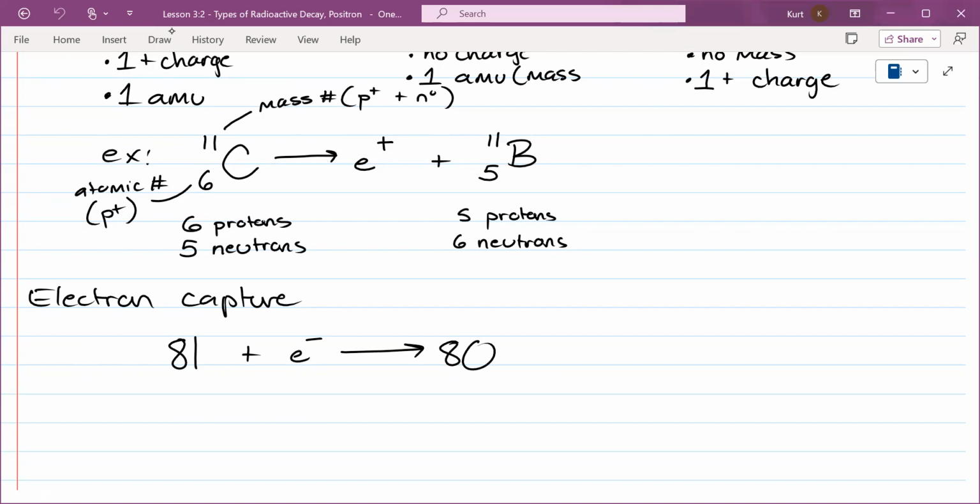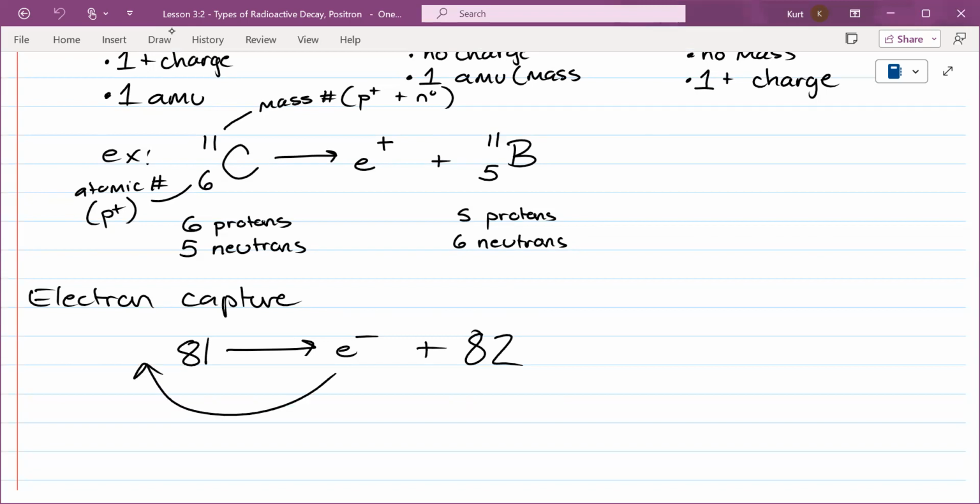Good. What if I have 81 and I remove the electron? What is my new charge number? I took the electron out. 82. So you got to know when you're taking electrons, and then you got to know when you're releasing them. Whenever electrons are on the right side of this yields arrow, you got rid of it. Whenever electrons are on the other side of the arrow, you're adding it.